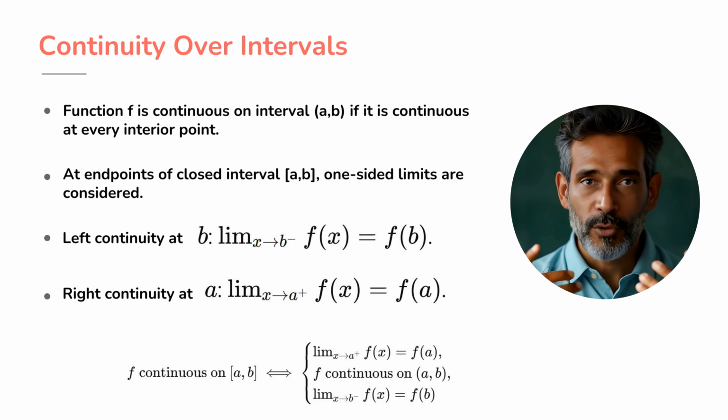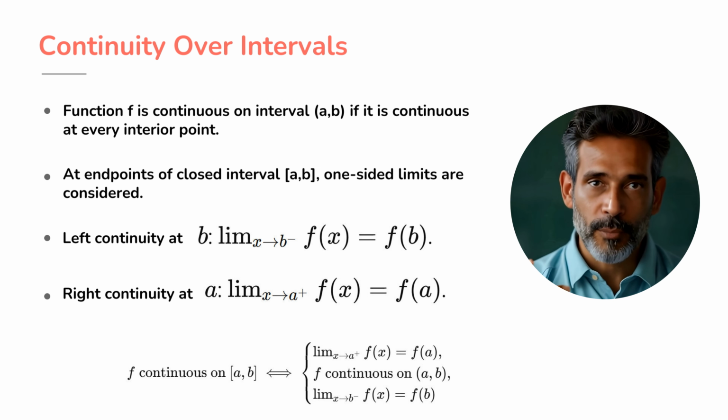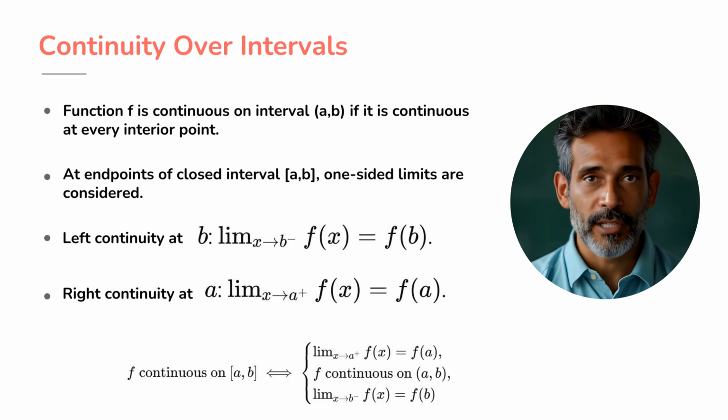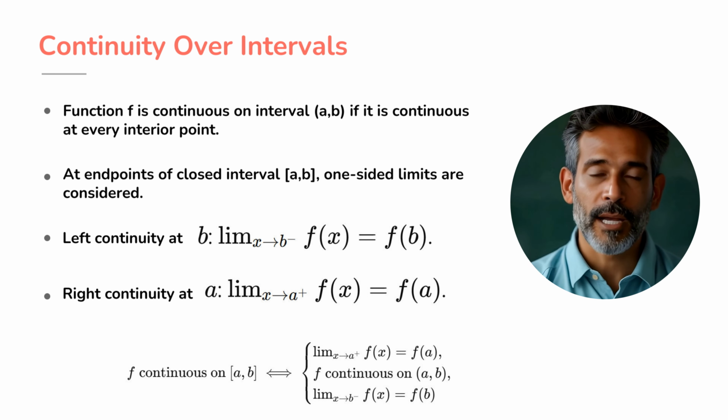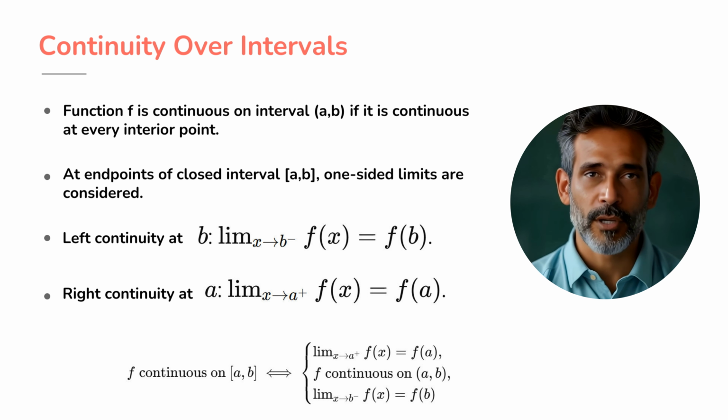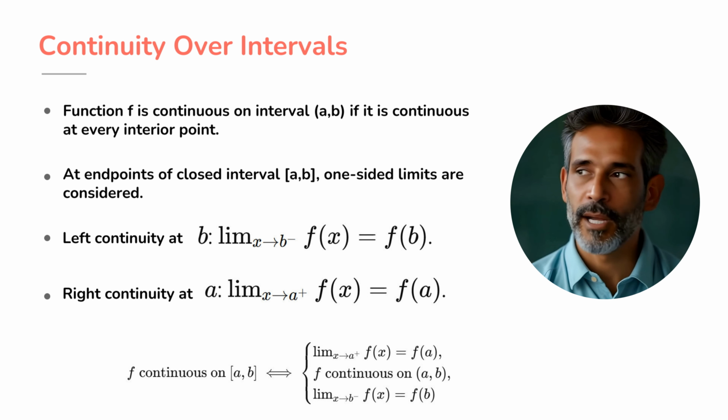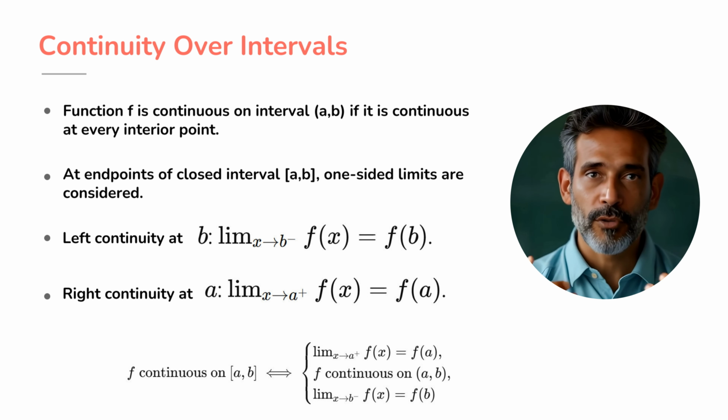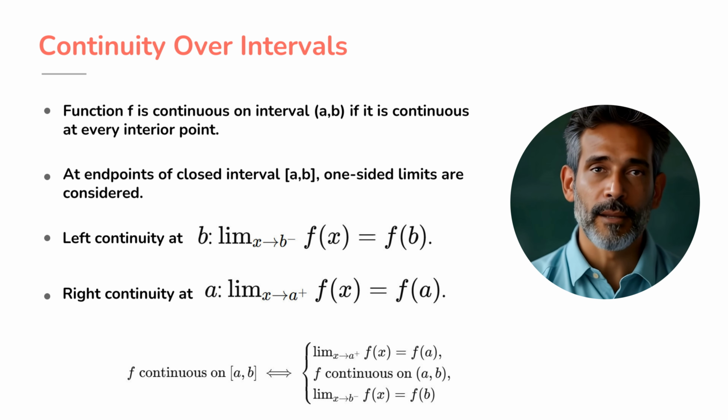Okay, but continuity is not just about a single point. What about an entire interval? On an open interval a, b, f is continuous if it is continuous at every point inside. On a closed interval a, b, we need one-sided limits at the boundaries. That means limit as x approaches a from the right equals f of a.